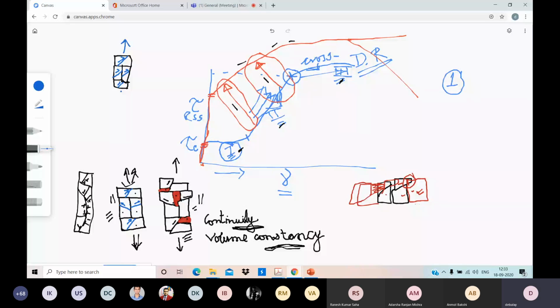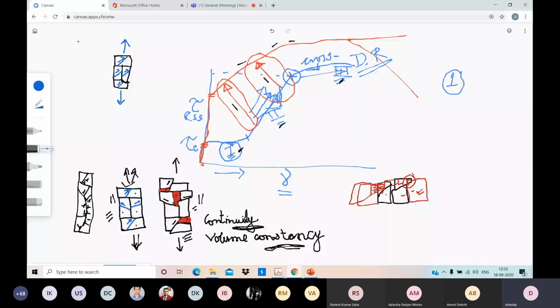When can it happen? What is the terminology? Texture, right. Preferred orientation.